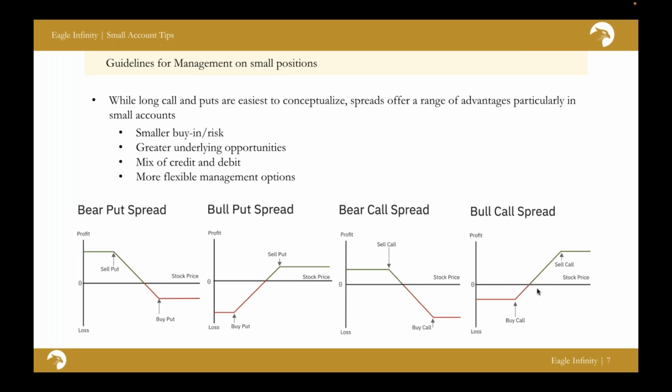Instead of buying a call, let's say a $100 call, we're buying that same $100 call, let's say it costs $5, but then we're selling a further out of the money call on top of that. Let's say we sell the $110 call for $2. Now our net debit, the amount we're paying for this, is $3 instead of $5.